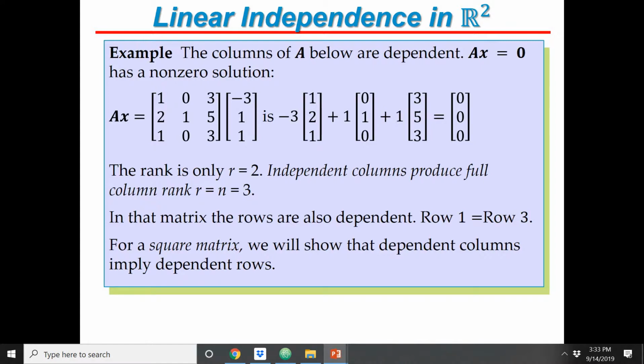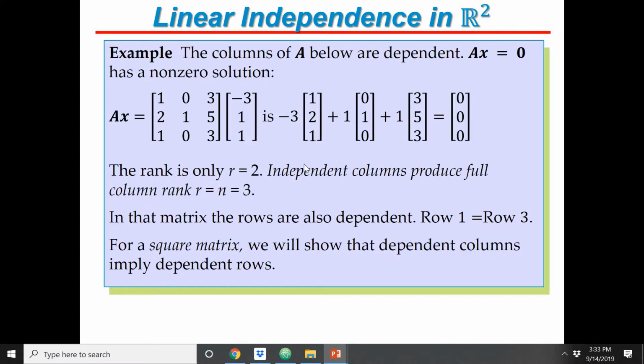And remember, when you multiply A times x, you get a linear combination of the columns. So effectively, you can see that the primitive definition of linear independence comes explicitly from the fact that there is a non-zero solution to the null space problem, because -3 times column 1 plus column 2 plus column 3 gives you the zero vector.